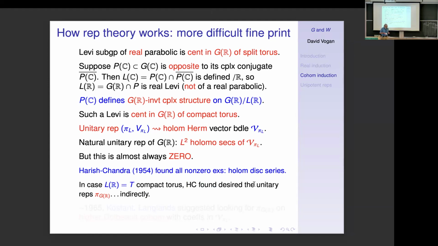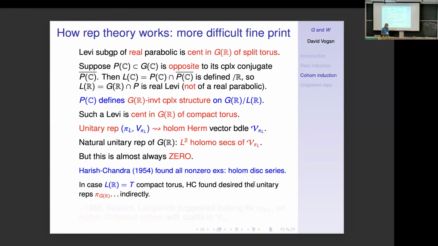Harish-Chandra understood that there should be a more general way to get unitary representations in this setting, when this L of R is the centralizer of a compact torus. And in particular, in the case when L of R is a compact torus, Harish-Chandra managed to find unitary representations.